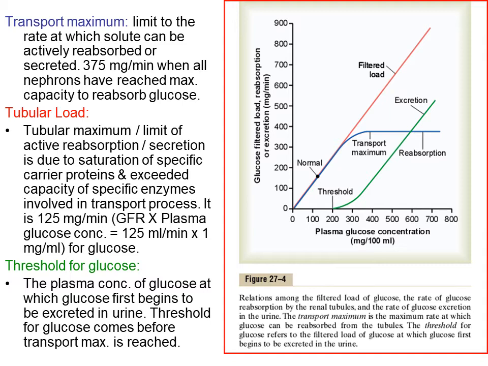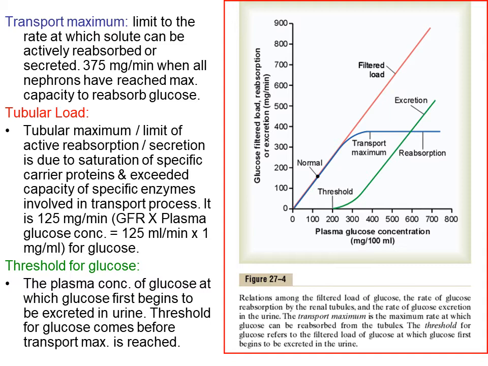For glucose, the tubular load, as we all know, is calculated as GFR multiplied by the plasma concentration. So with the GFR of 125 milliliter per minute and the plasma concentration of 1 milligram per milliliter, the glucose tubular load is 125 milligrams per minute.